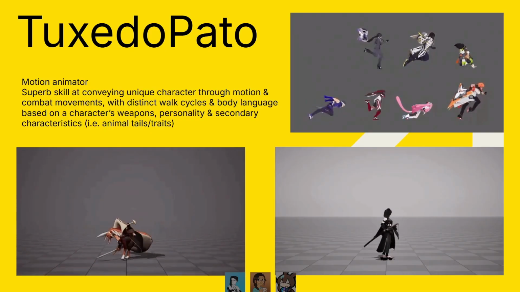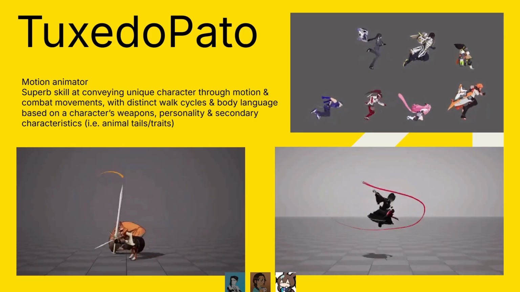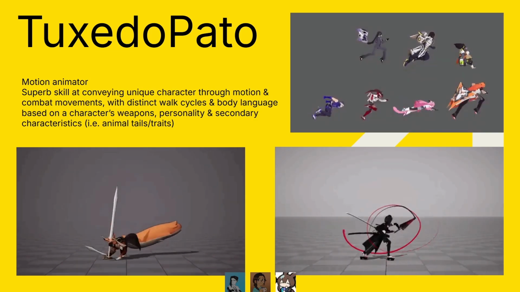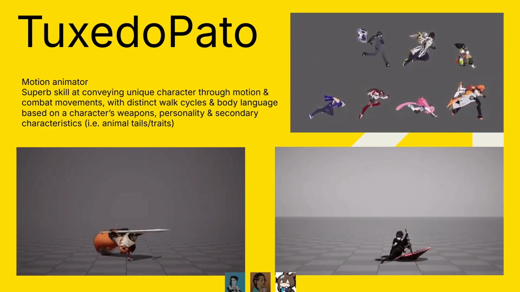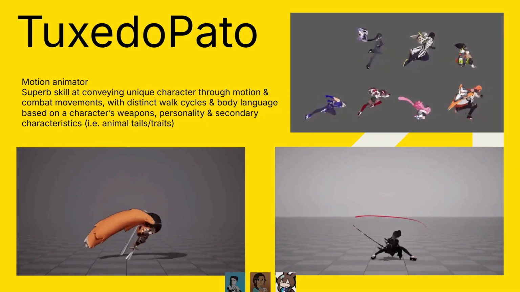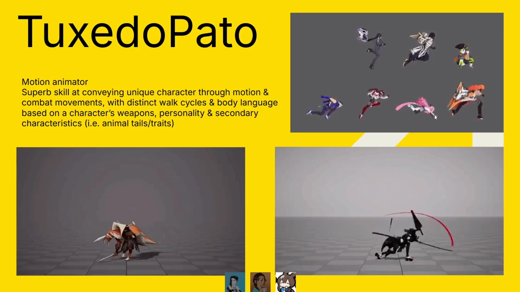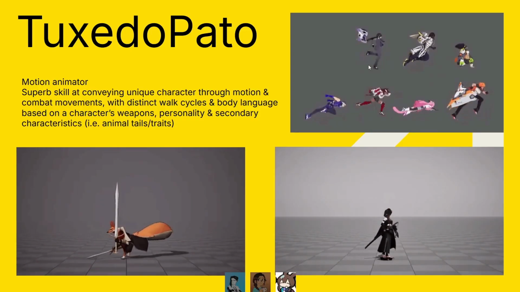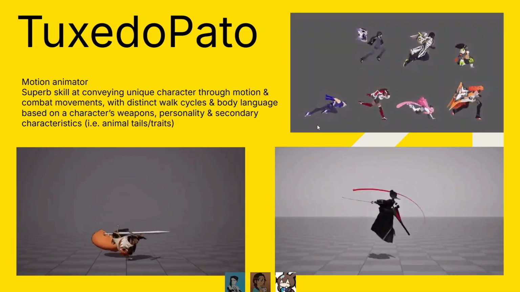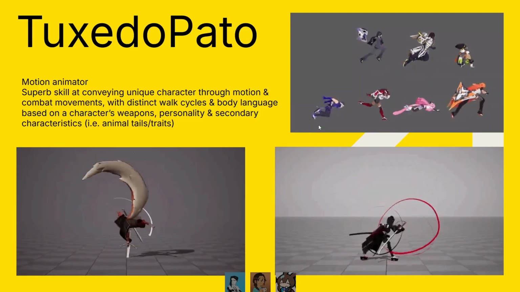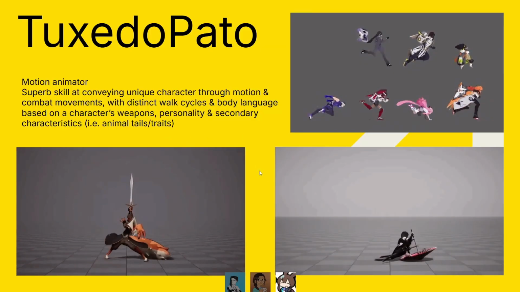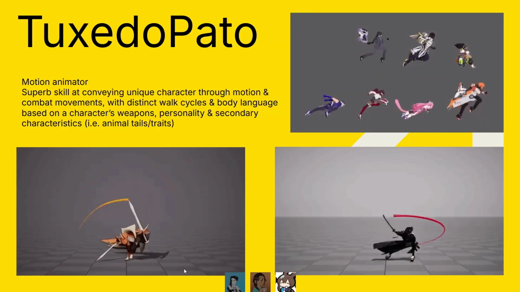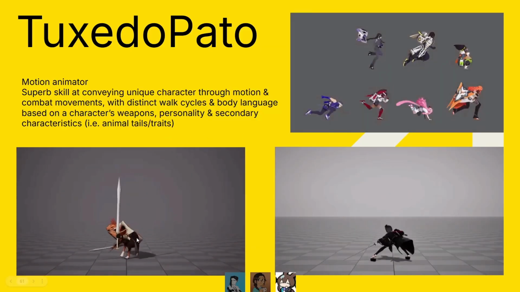What I love is their skill at conveying unique characterization through motion and combat movements. Like distinct walk cycles: you can see here how each character moves is completely different based on their personality, and even secondary characteristics, like animal ears or animal tails, are also part of the animation.